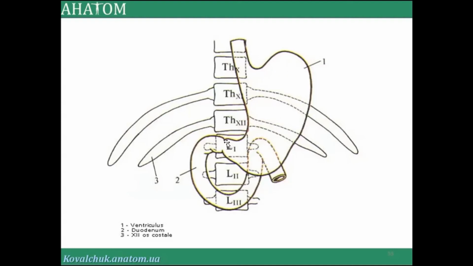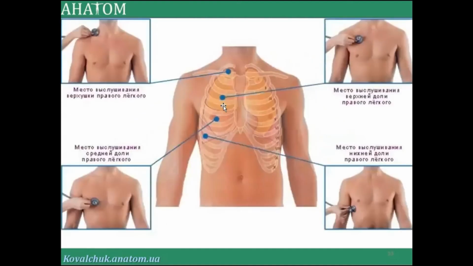And in the end, the first lumbar vertebra body is where the pyloric sphincter of the stomach is. Skeletotopy is very important too for auscultation of the lungs, for example.